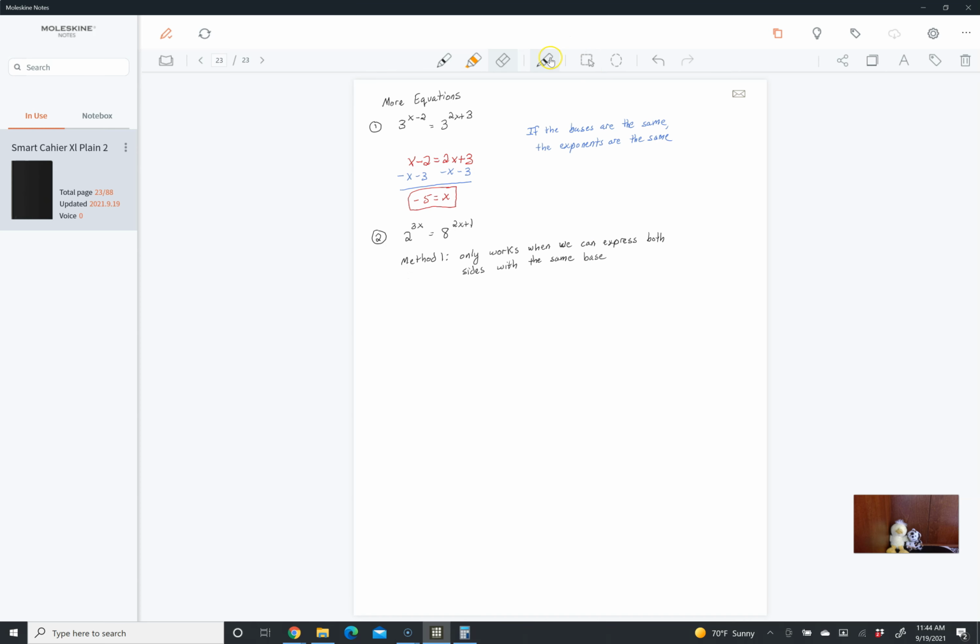Okay, here we can do that. 8 is equal to 2 to the third. So what does that mean? We have 2 to the 3x is equal to, and now we have 2 to the third to the 2x plus 1. So we did a substitution.